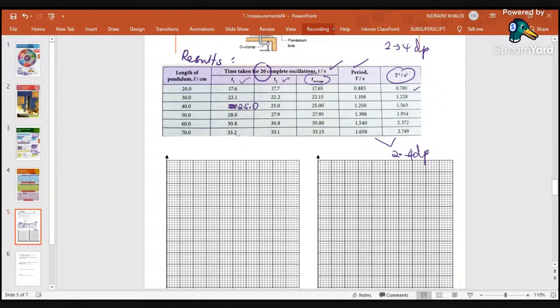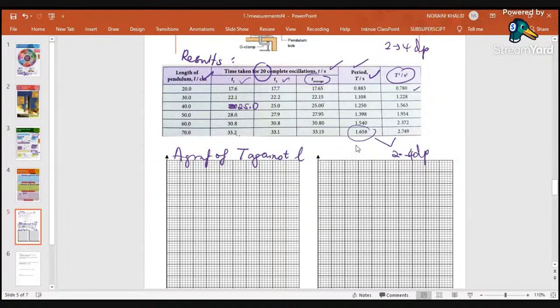So when you plot a graph, you can round it off. Okay, let's try to plot a graph of T against L. So how to mark the scale? You look at the biggest value, 1.658.